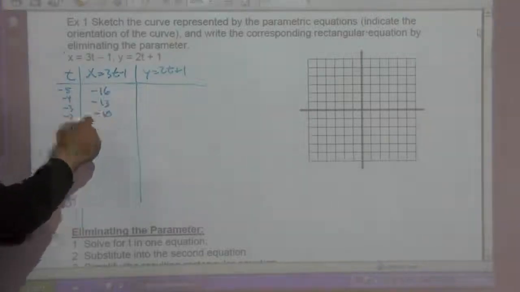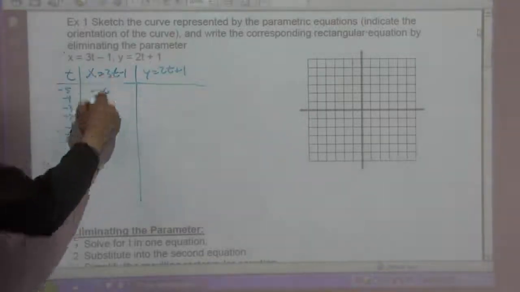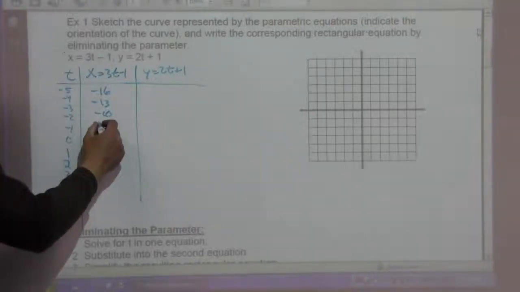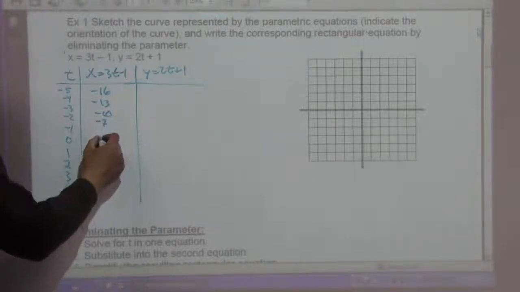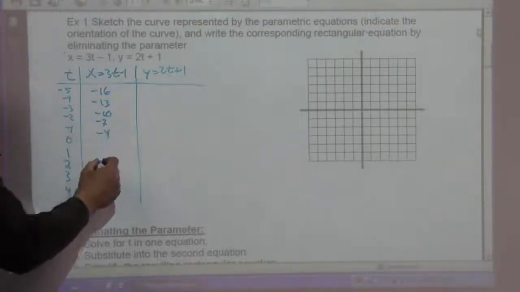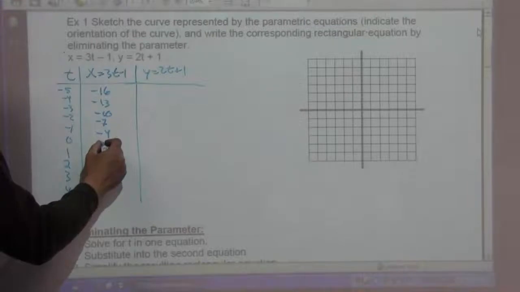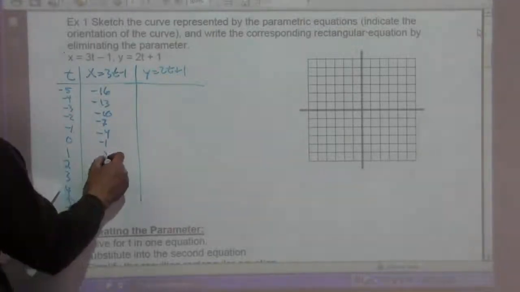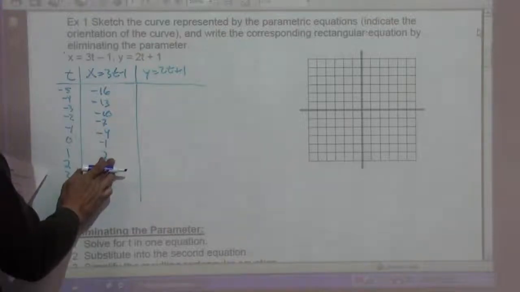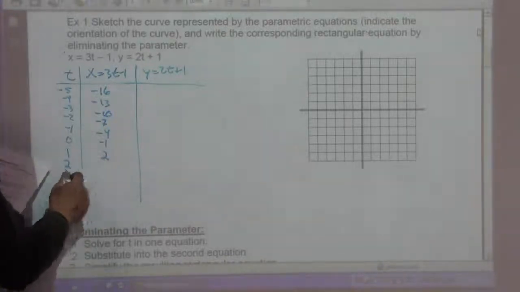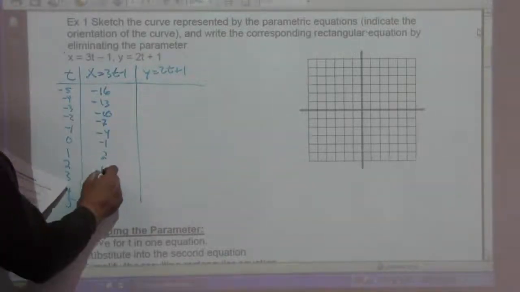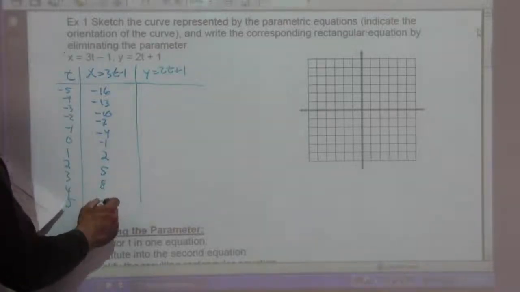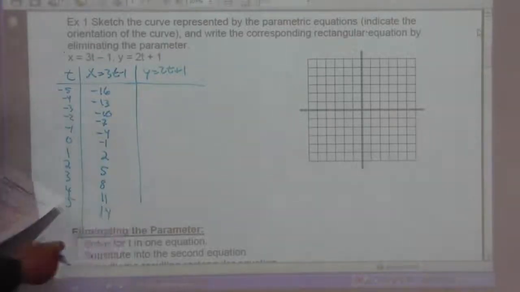So it's going up by 3 every time, as you might expect. So that would be negative 7, negative 4, negative 1, 2, 5, 8, 11, and 14.